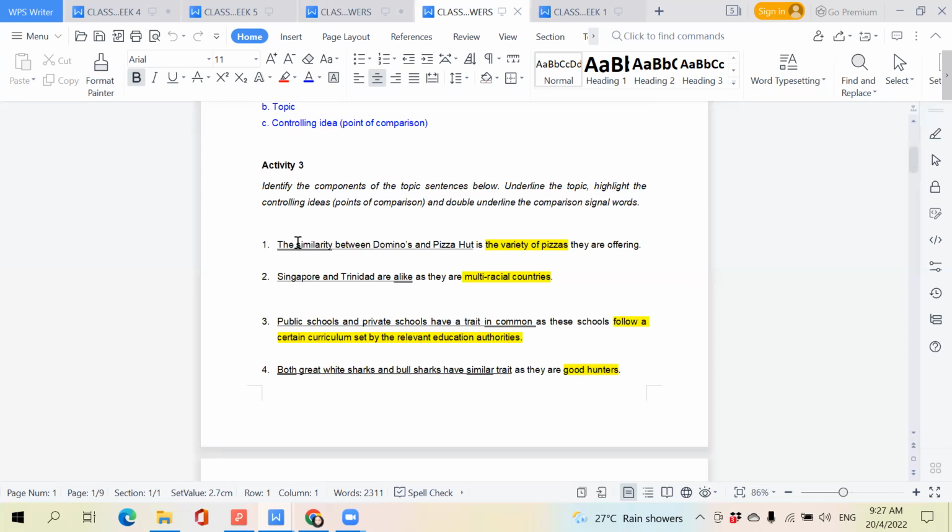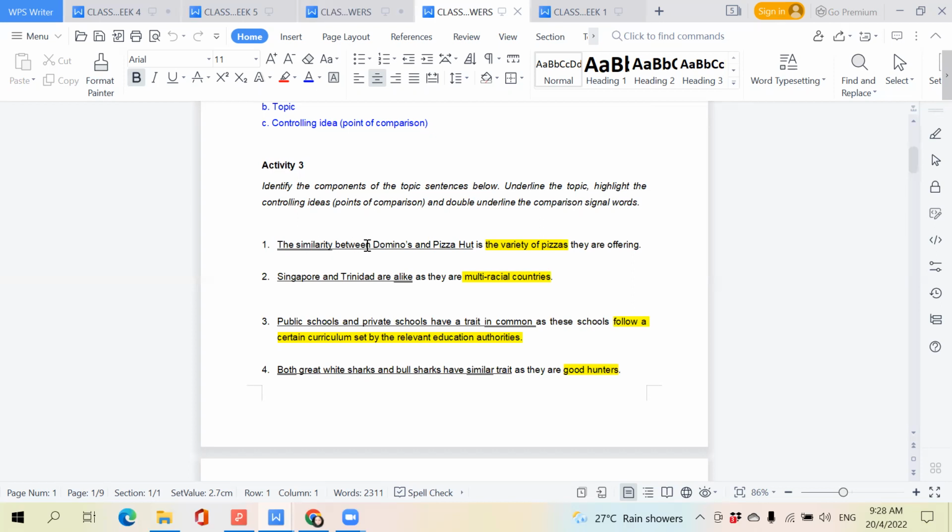So ini kita panggil sebagai comparison signal word. Comparison signal word here means the word that you use to indicate, oh, ini adalah similarity. For example, you can say share, similar, similarity or the same. Those are all comparison signal words that you can use. So here in this sentence, the comparison signal word is similarity.